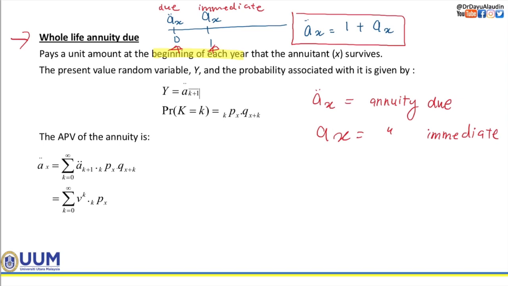So the APV for annuity is the summation of v^k times kpx. Since it is annuity due, k starts from 0 because the payment starts from 0.